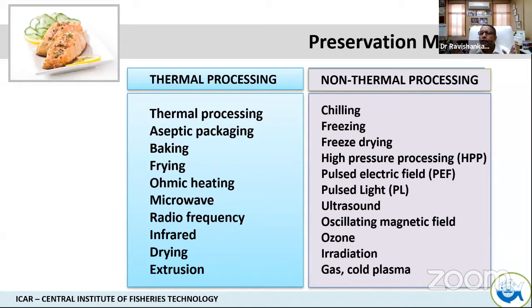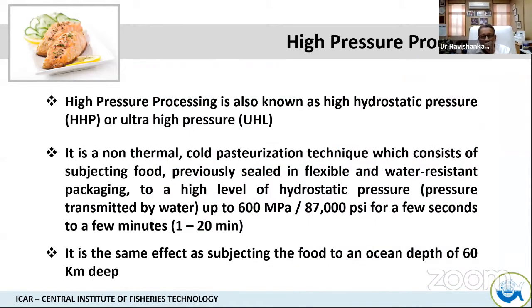But every technology cannot be suitable for every product. We need to optimize the processing conditions and know what our requirement is. Depending on that, any technology will have its own advantages and disadvantages. So that is the challenge for all the technologies: to ensure safe food for the consumers.